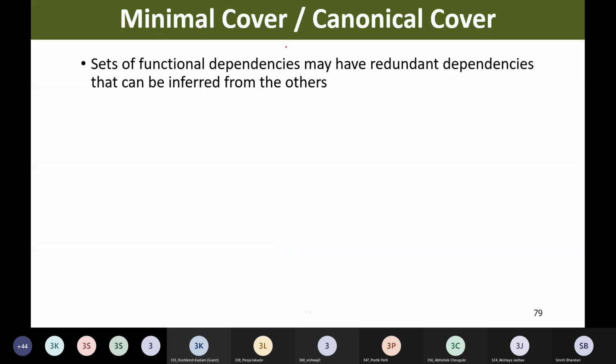Sets of functional dependencies may have redundant dependencies that can be inferred from the other dependencies in the set.